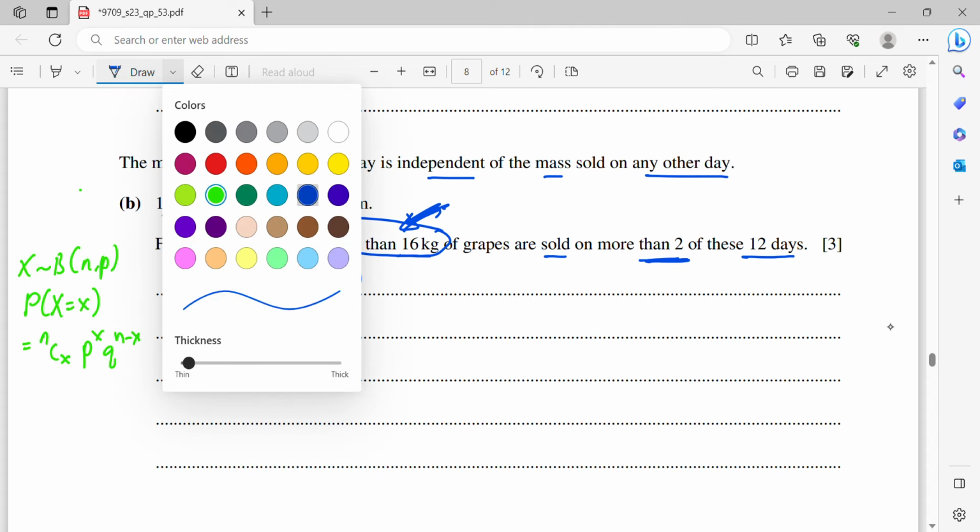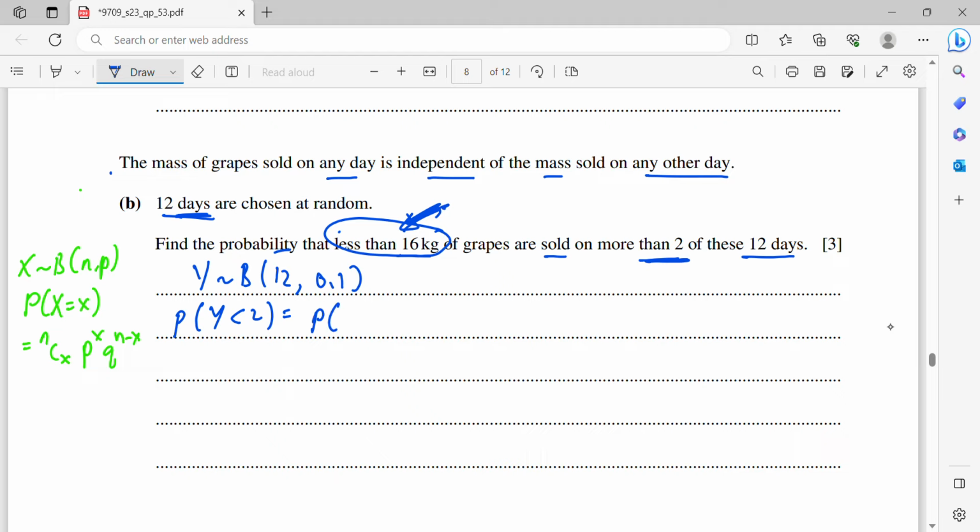So when Y less than 2 means that P(Y=0) plus P(Y=1), that's it, because less than 2. Then when Y equals 0 means all failures, no success. So your P is 0.1 means that your Q is going to be 0.9. So all failures means that there will be 12 failures.